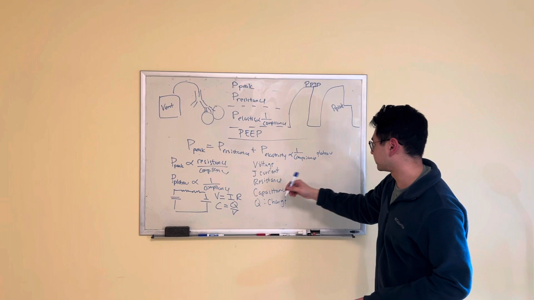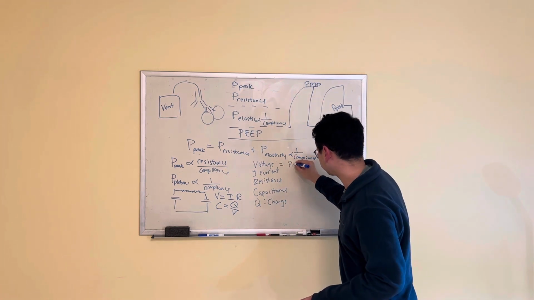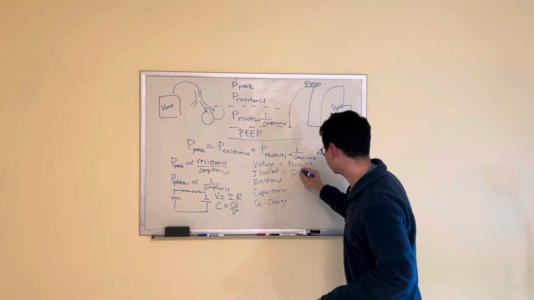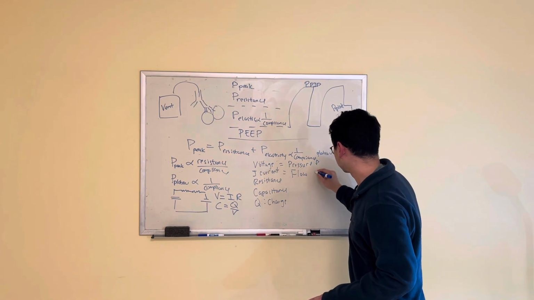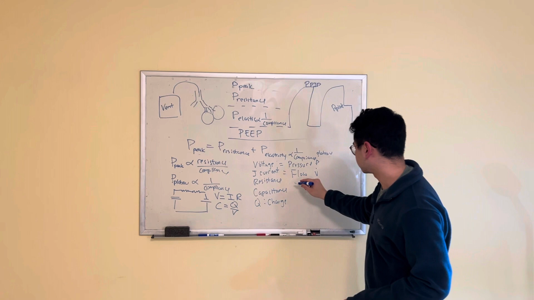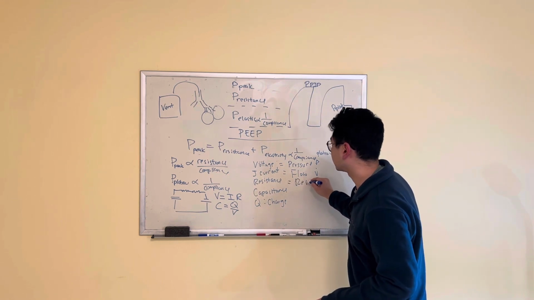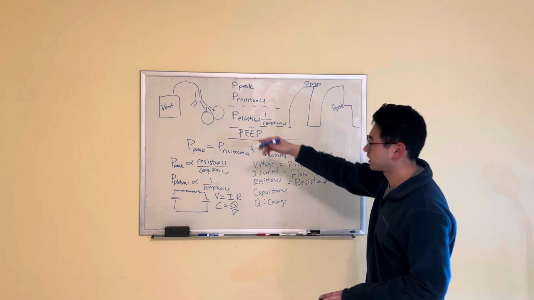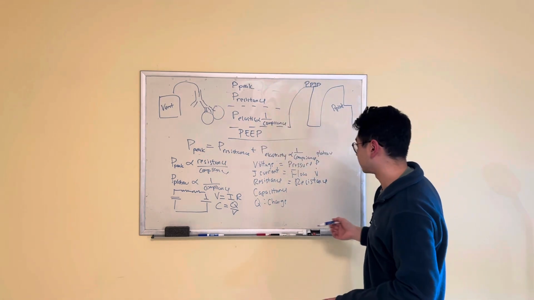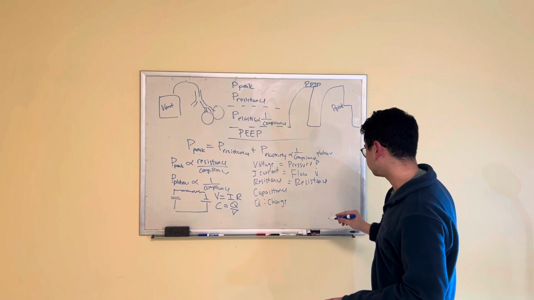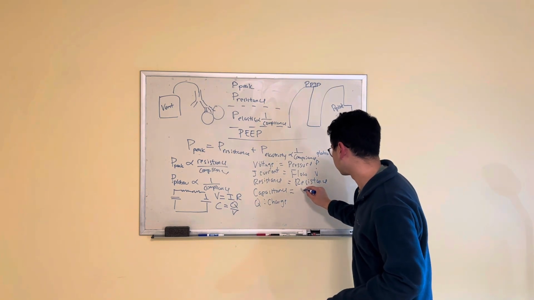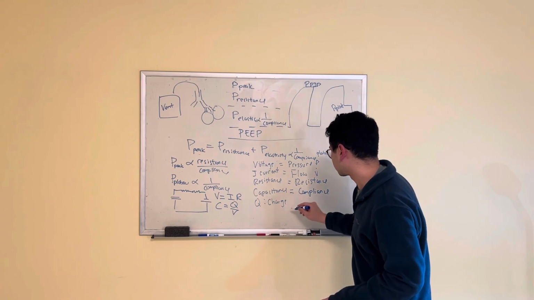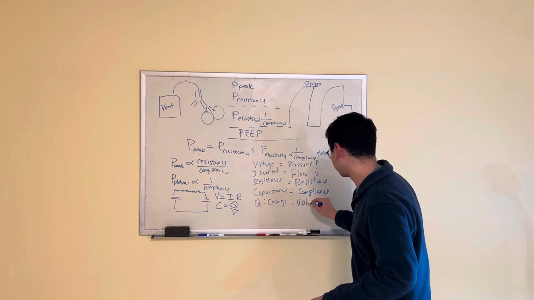Voltage in this case is the pressure, the current is the flow, the resistance is going to be the resistance in the airways, as well as the ETT tube and any part of the ventilator to the human system. The capacitance is going to be the compliance, and the charge is going to be the volume.